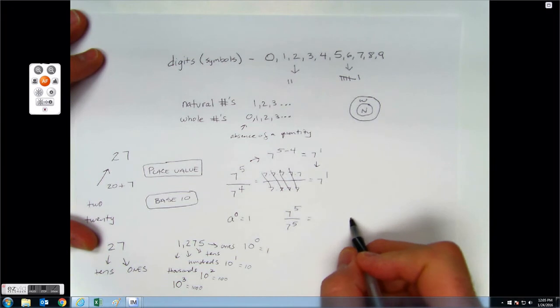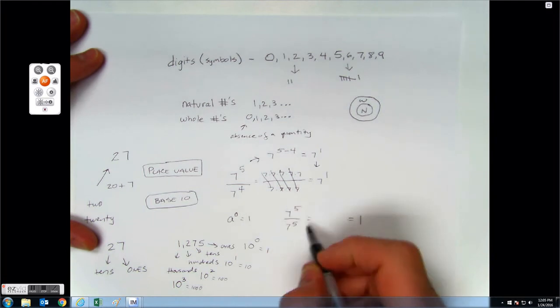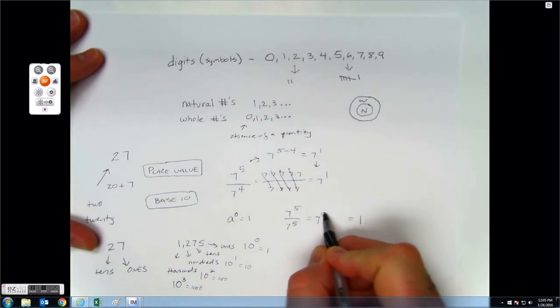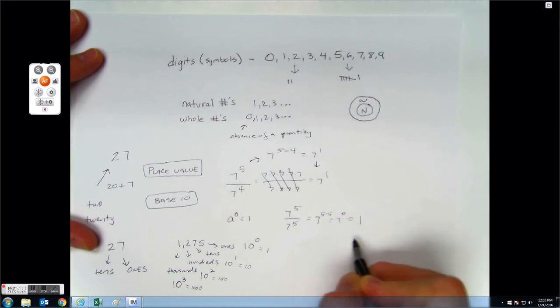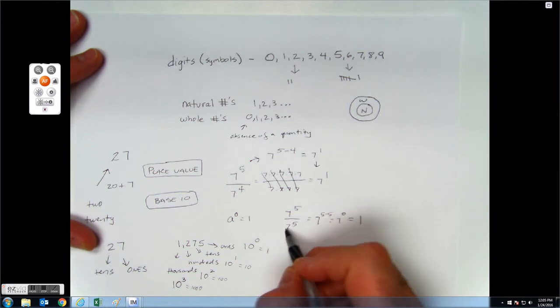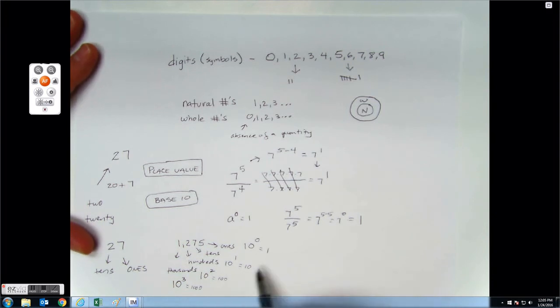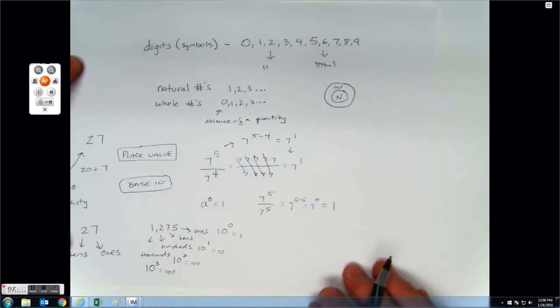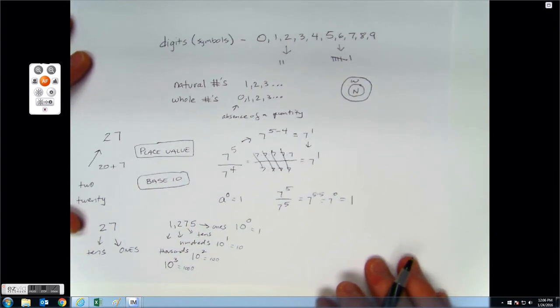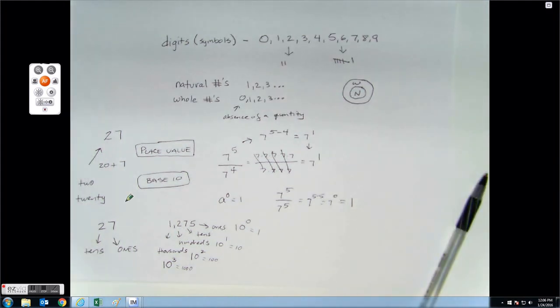Well, anything divided by itself is always 1. That makes sense. So if we apply the exponent rule here, it says 7 to the 5 minus 5, which is 7 to the 0, which is 1. So anytime you have something to the 0 power, it equals 1, because it means originally you had something divided by itself. This is how we get the ones place, because we had 10 to the 0 power, which stays with our base 10 system. This is going to be an important piece moving forward when we deal with other numbers, specifically decimals, later on in the course.